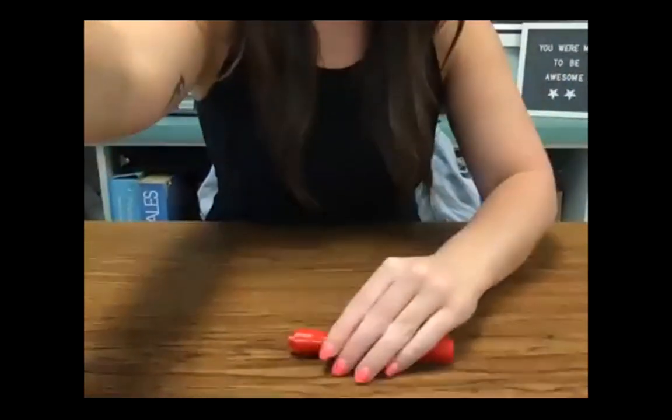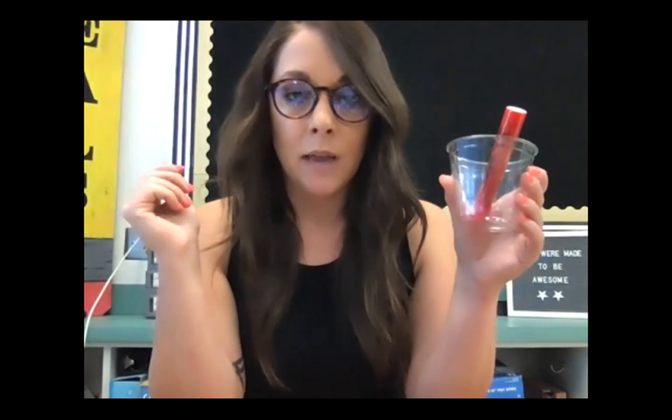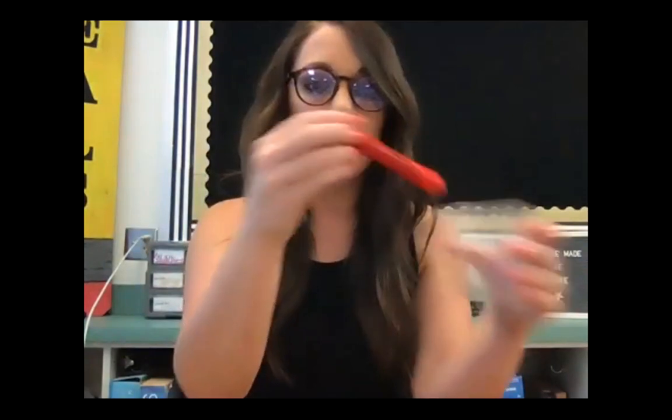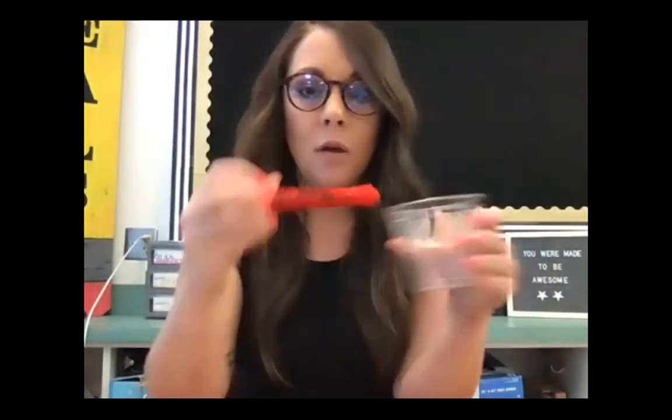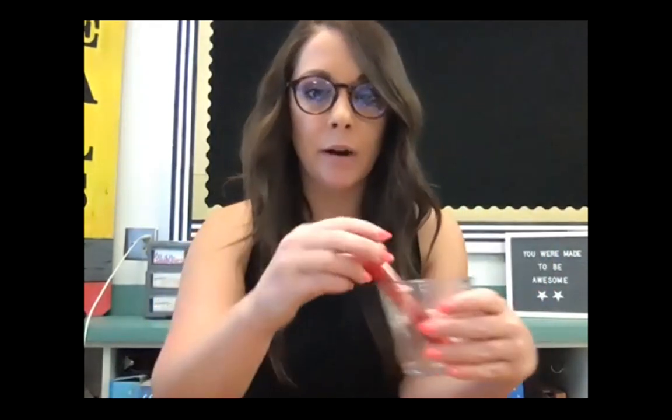If I set it down on the table, it keeps its shape, right? If I put it into this cup, it still keeps its shape. I could measure its size, and its size does not change whether I'm holding it in my hand or putting it in the cup or setting it on the table. All right, it's a solid.